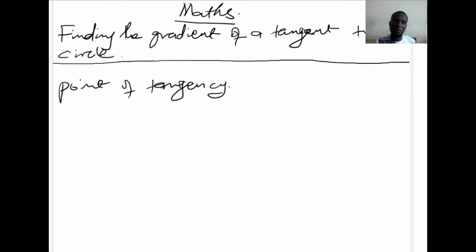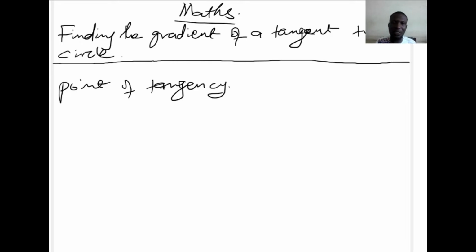Because they are perpendicular, and I have videos which show that when two lines are perpendicular, the product of their gradients is -1. So the gradient of one of them is the negative reciprocal of the other, and we will demonstrate that as we go ahead with the calculation.